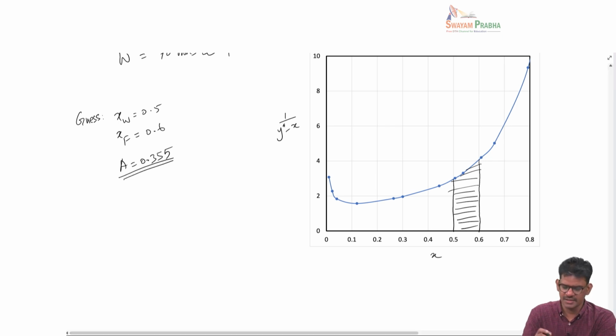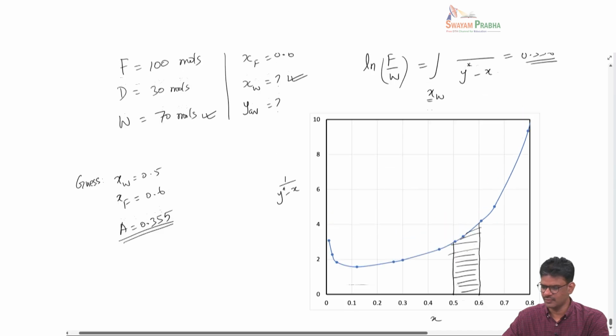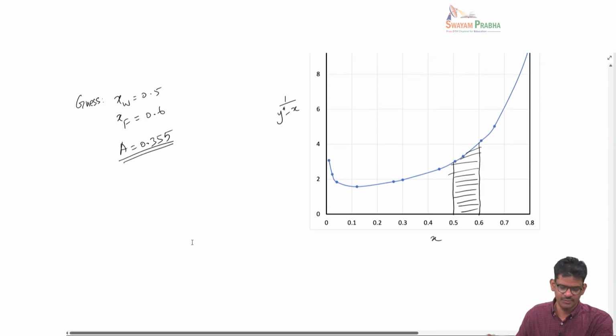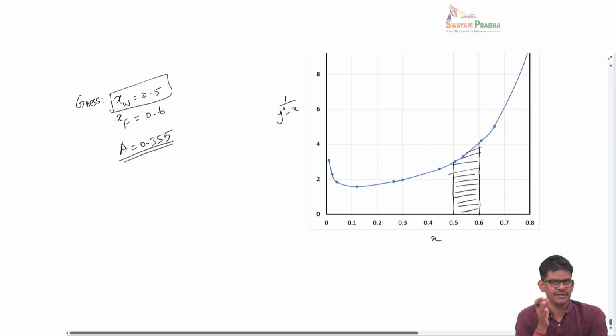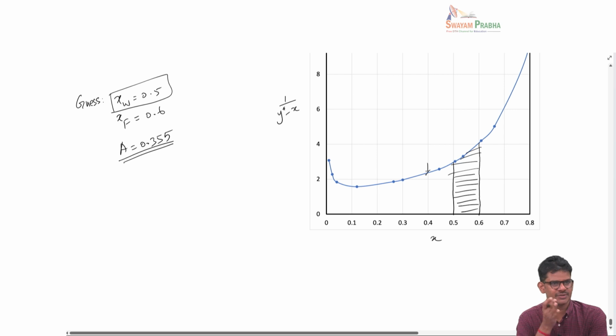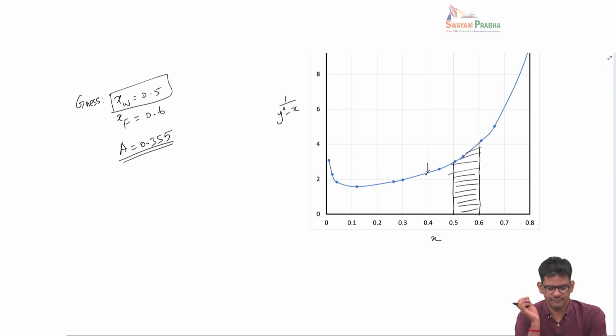And since this area is similar to what I was looking for, which is 0.356, XW is 0.5. So this is a trial and error method. Okay, you have to try different values. For example, I might have started with 0.4 and the area would have been larger than what I wanted, so I could have decreased it and then converged to XW of 0.5.